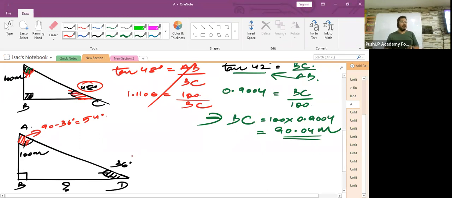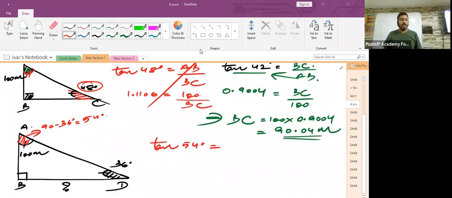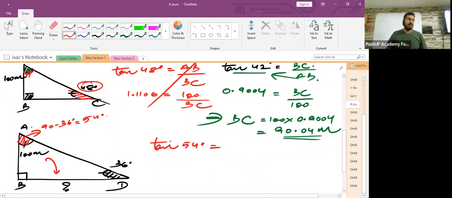Angel, which trigonometric function? Tan function? Go ahead. Tan with reference to 54 degrees is equal to opposite side, which is BD, divided by adjacent side AB.